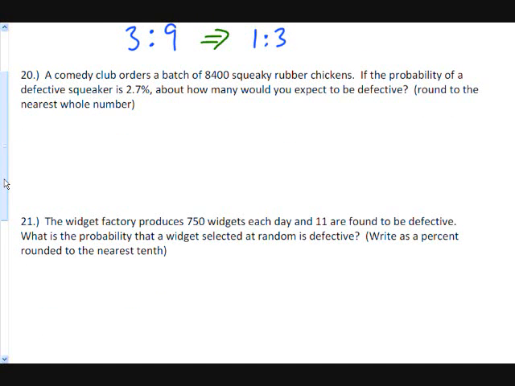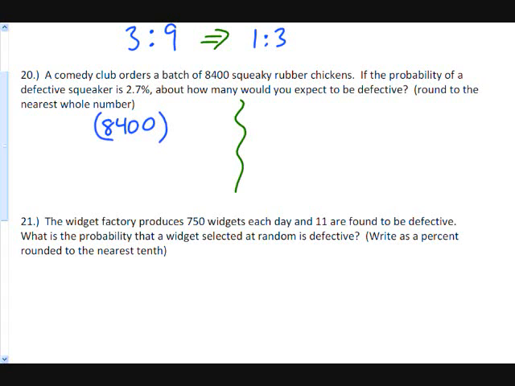Take a look at the next one. It says a comedy club orders a batch of 8,400 squeaky rubber chickens. If the probability of a defective squeaker is 2.7%, about how many would you expect to be defective? We're going to round this to the nearest whole number. And there's 2 ways of looking at this. We can either look at it in terms of the percent. We can just multiply the 8,400 by the percentage that we're using.